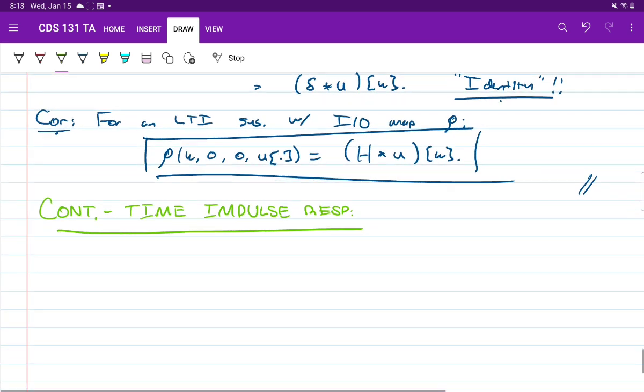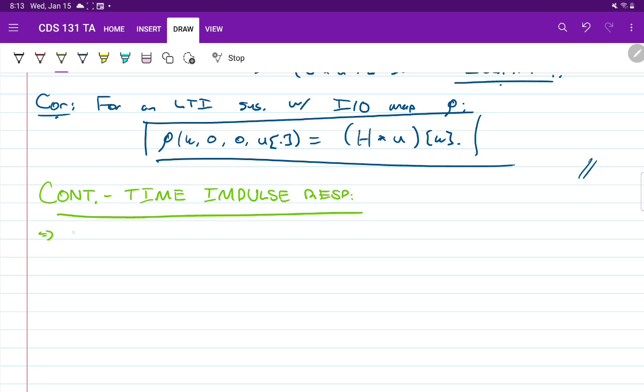So what we're going to do in this section is give a semi-formal treatment of the continuous time impulse response. When I say semi-formal, I mean we're going to be a little bit hand-wavy here and there, but I'll be precise in my hand-waviness. I'll do my best to specify when I'm making an assumption that's maybe not quite mathematically rigorous and when I'm being more rigorous.